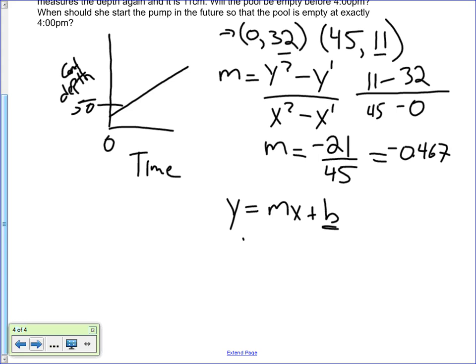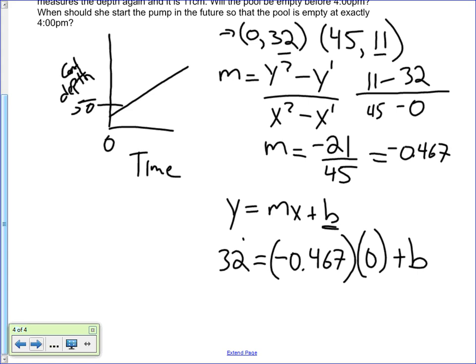I substitute my 32 where y is, and that's equal to my slope, which I've already calculated at negative 0.467, times my x value, which was 0, plus b. Negative 0.467 times 0 is 0, and so my b value in this formula is 32.